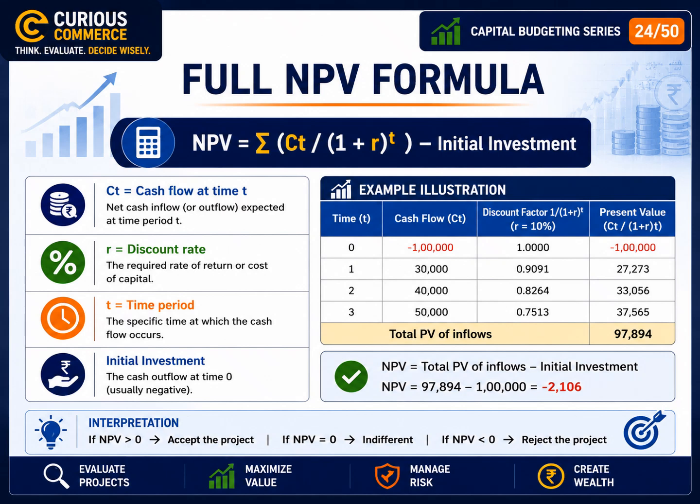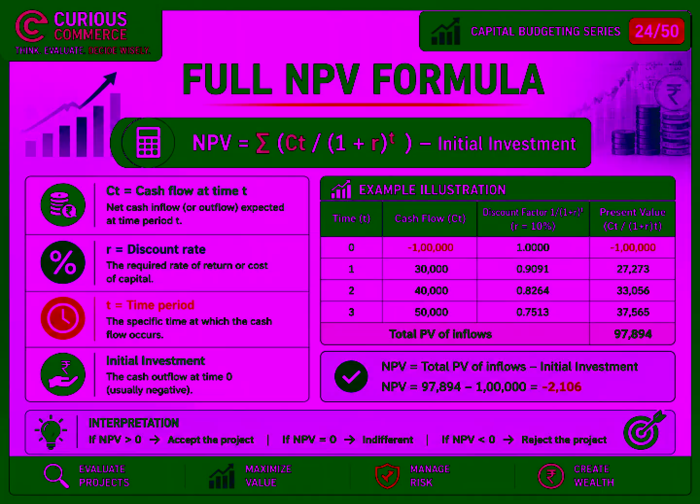That final answer is NPV. Positive NPV means project creates wealth. Negative NPV means project destroys wealth. This formula is extremely powerful because it considers time value of money, risk, and different years' cash inflow. That's why NPV is considered one of the best capital budgeting techniques.